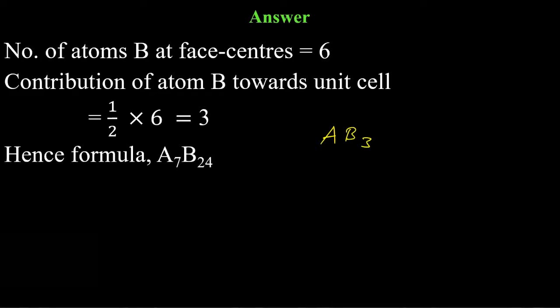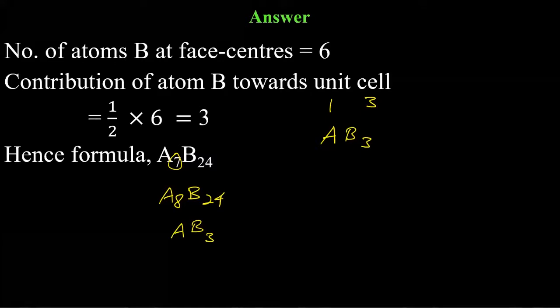The contribution from all corners 1, contribution from faces 3. So it would have been AB3. And if instead of 7 you consider 8, it is actually AB3. 8 is to 24 is actually 1 is to 3. But because instead of 8 we considered 7, that's why A7, B24.